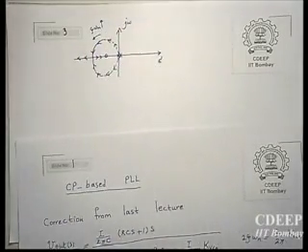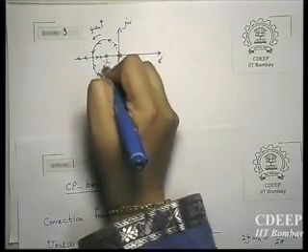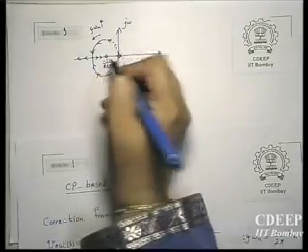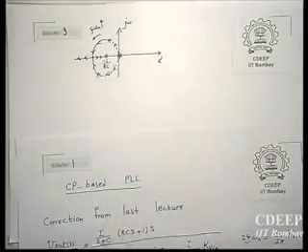Or you can keep zeta omega n constant, only increase zeta. So there are different ways. But the point is that eventually that is correct, right?